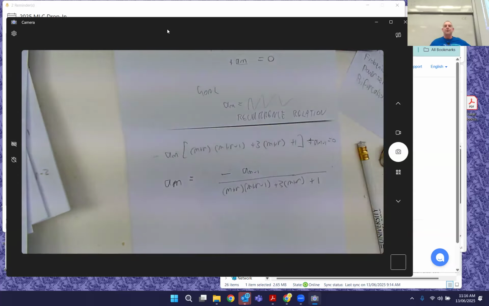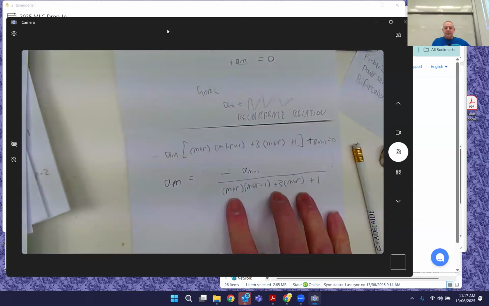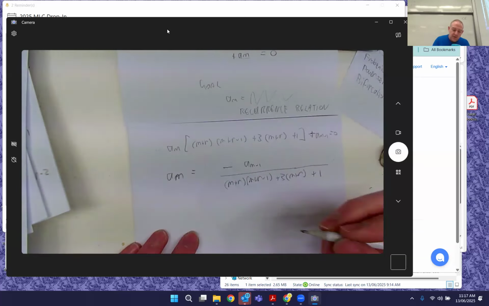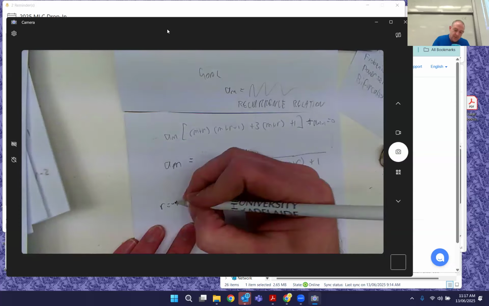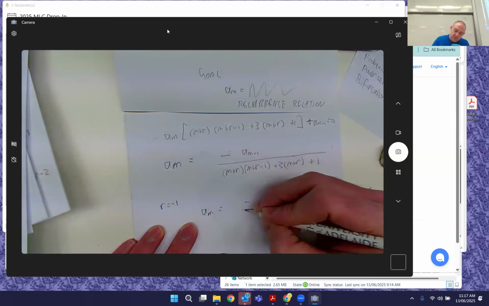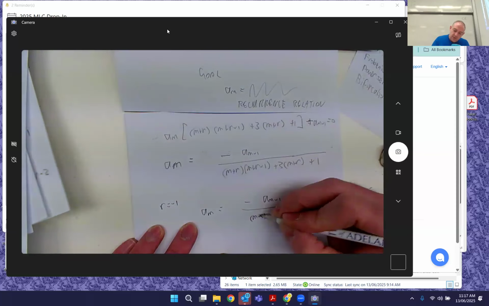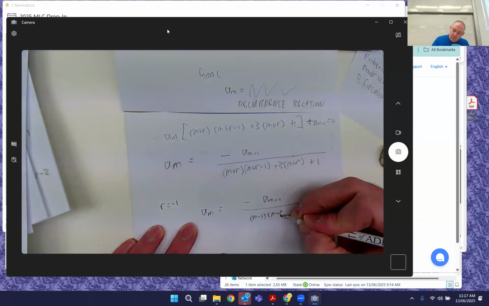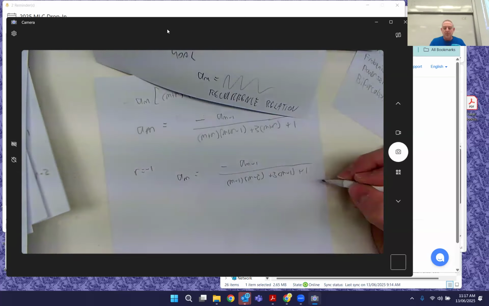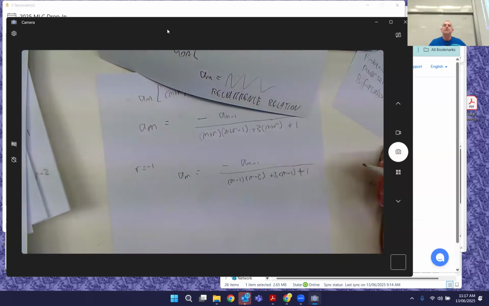There you go. There's our recurrence relation. And if you look at it, this denominator is going to get bigger and bigger and bigger. So now that we actually know what r is, a_m is minus a_(m minus 1) over (m minus 1)(m minus 2) plus 3(m minus 1) plus 1. And I could probably do some working on that to get something nicer. Oh, I can.